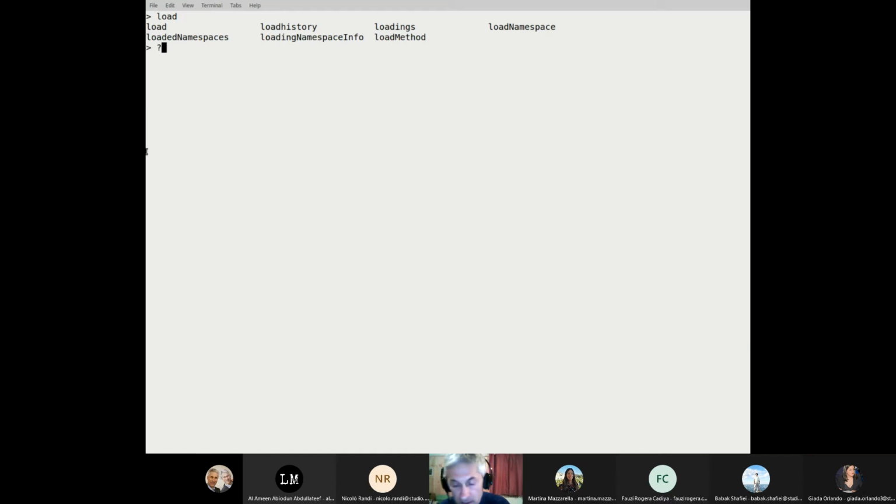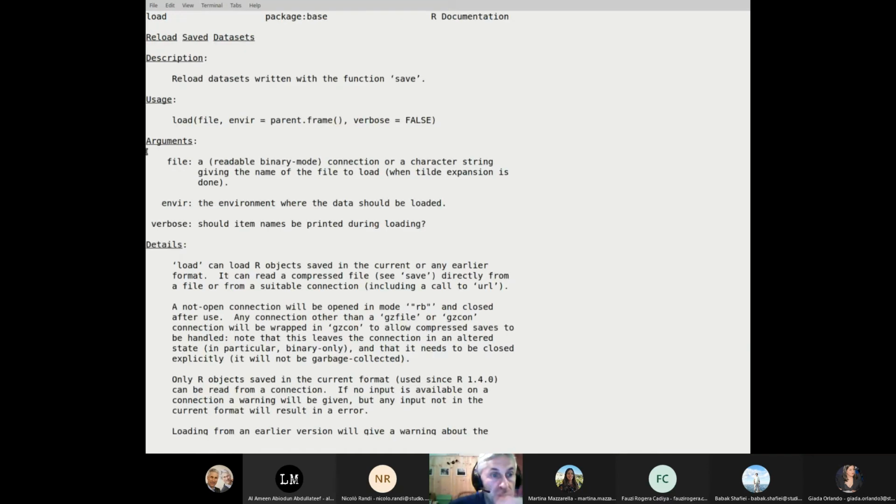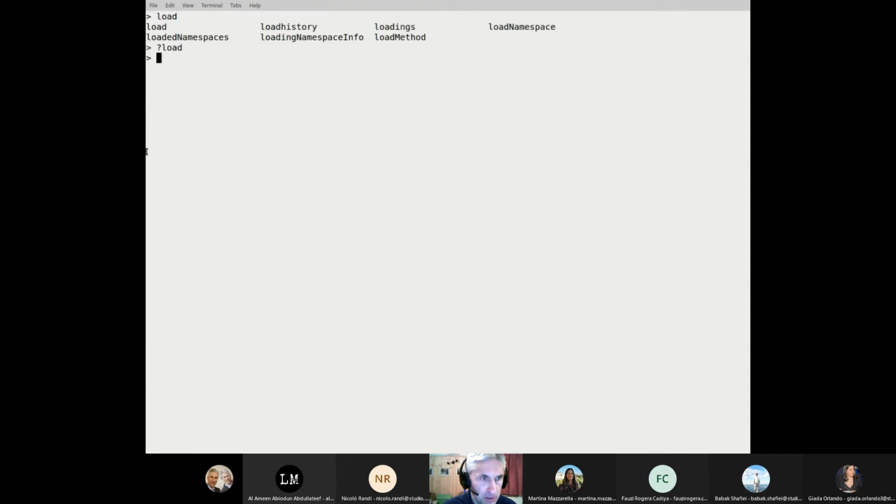Let's see the help for load. Reloads dataset written with the function save. Actually, it's not like save image, but I think it can be used. So this is another thing that I leave you to practice.